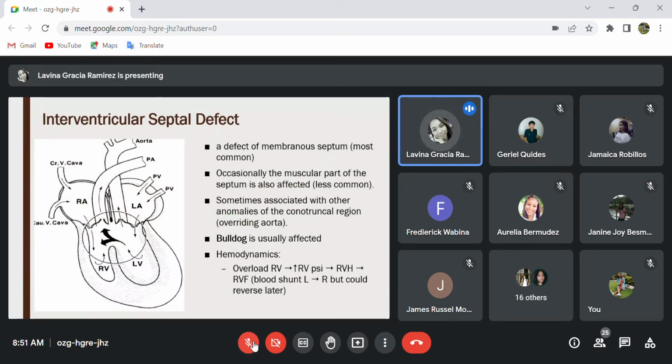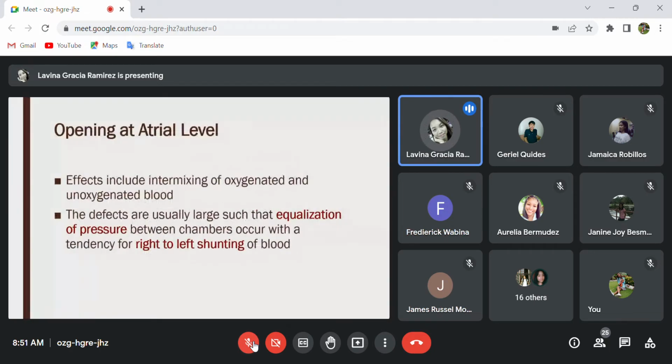Okay, not unlike the atrial. Okay, at this level, may parang going in, parang going left to right. So in that manner, there is an equalization of both atrial level or volume. Okay, so that is a shunting, that's the equalization of pressure between. Kasi dito, mas mababa siyang konti kaysa sa atrioventricular level.